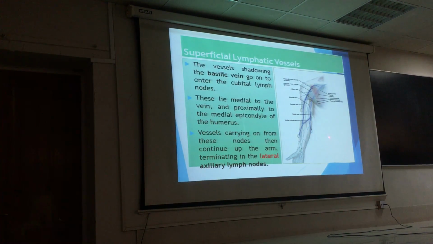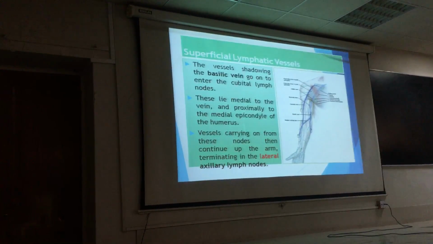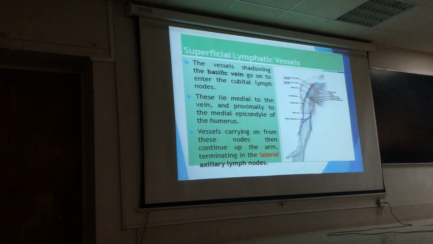There is a set of lymph nodes present at the cubital fossa. The set of lymph nodes present at the cubital fossa must be the cubital lymph nodes. So the lymphatics ascending in close proximity to the basilic vein go and drain into the cubital lymph nodes.